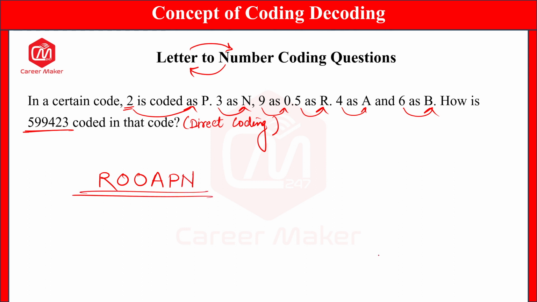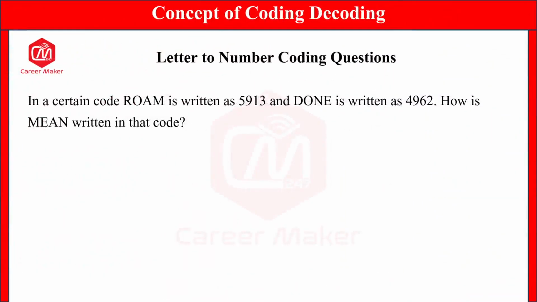So it's a very basic type of question which I discussed here, but generally they ask this type of question in your exam, which we are right now viewing. In letter to number coding, they ask what the code of this will be. So how to approach this? Again the same, how it is written is important.